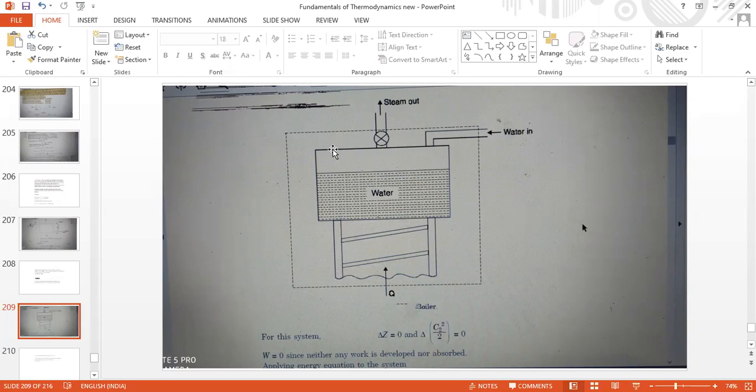So I want to say a boiler heats water. That is what is happening here. Underneath some heat is given, say some coal is burned.